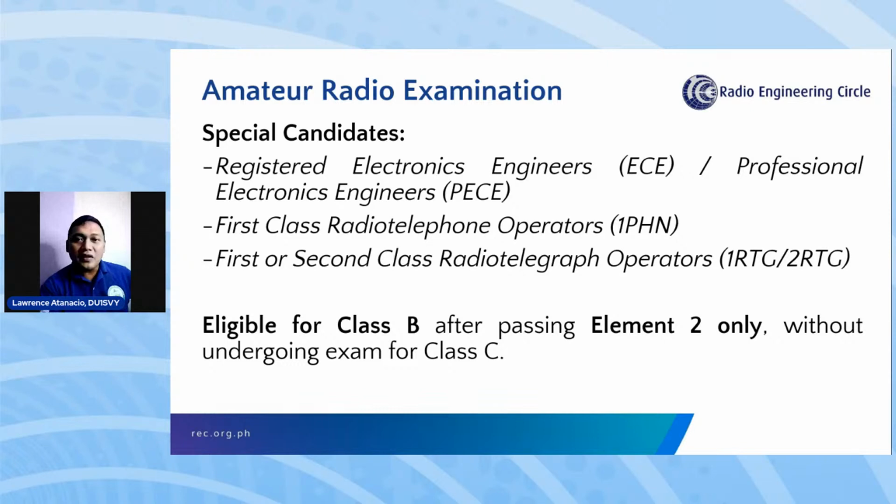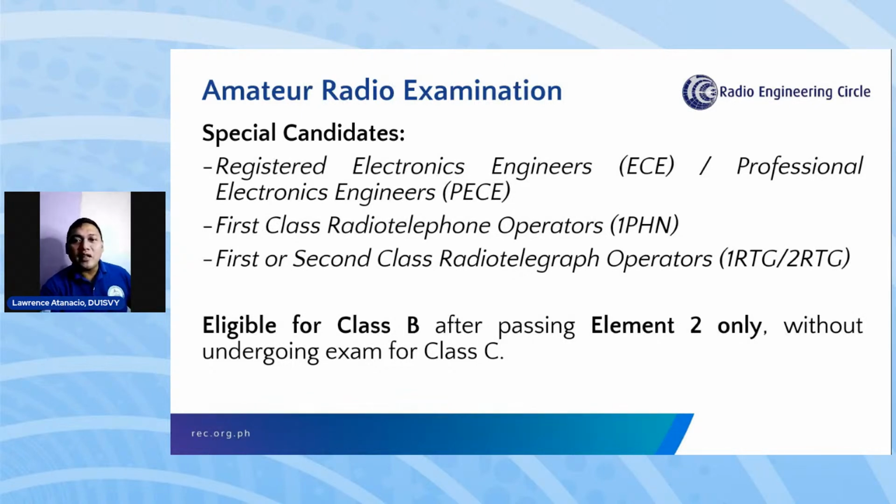So registered electronics engineers or ECE, professional electronics engineers, or the first class radio telephone operator or 1PHN, first or second class radio telegraph operators, yung 1 RTG or 2 RTG, no? Eligible for Class B after passing element 2 only, without undergoing exam for Class C.